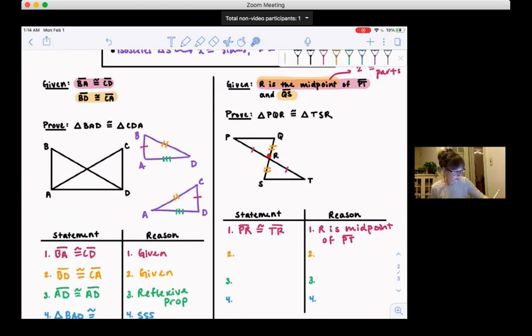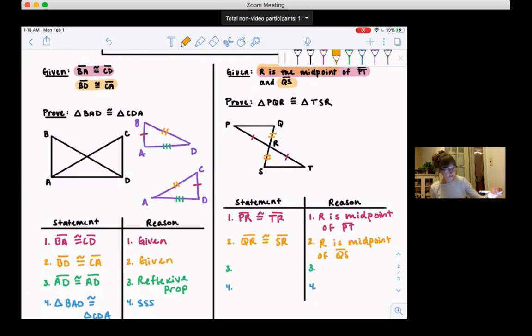So the first part that has the marking is just Q to R. So in my proof, I'm going to write QR is congruent to the part with the second set of markings. So that's just SR. Okay, and the reason for that was R is the midpoint, but this time it's of QS. So it's a different segment this time.